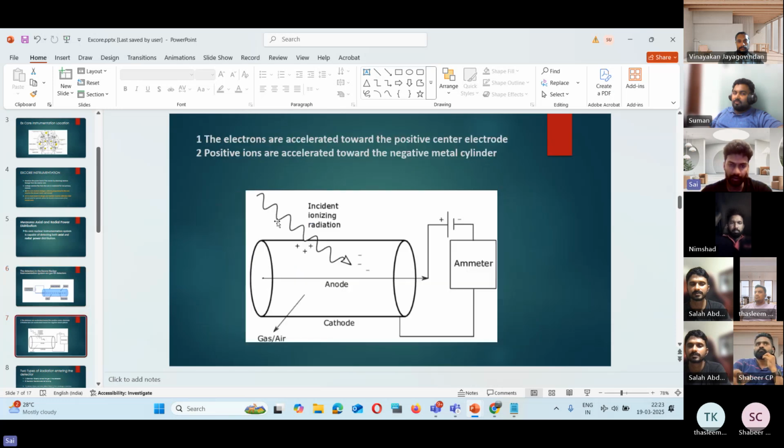In this picture, you can see that the positively charged ions move towards the cylinder shell, and the negatively charged electrons move towards the center of the cylinder, because the center is positively charged and the cylinder shell is negative, sorry.